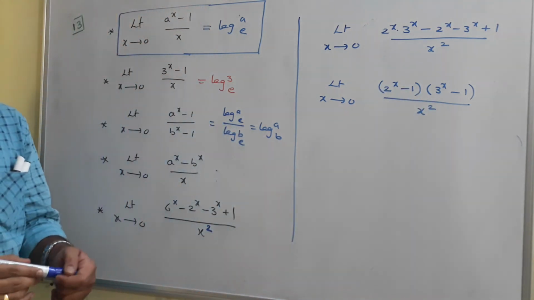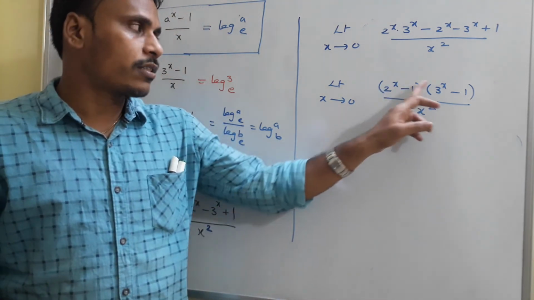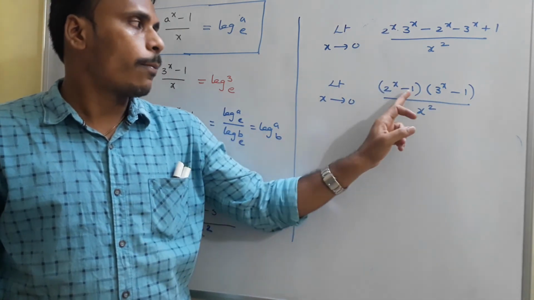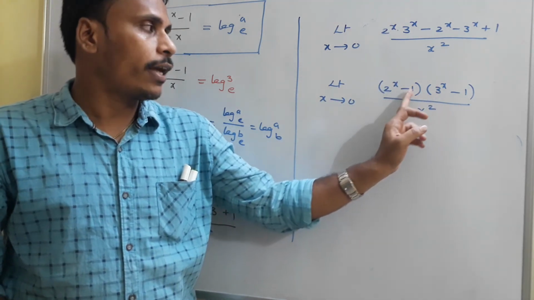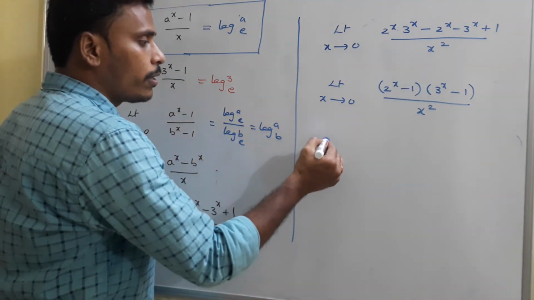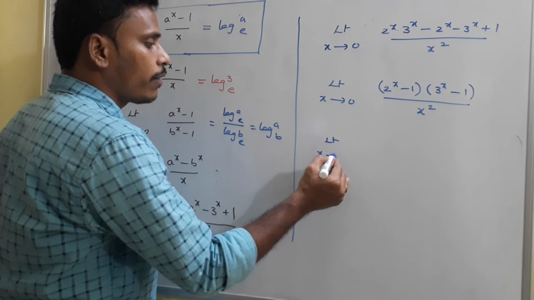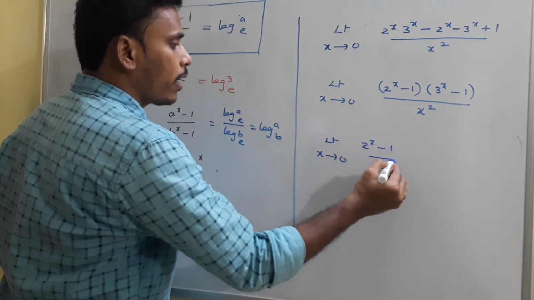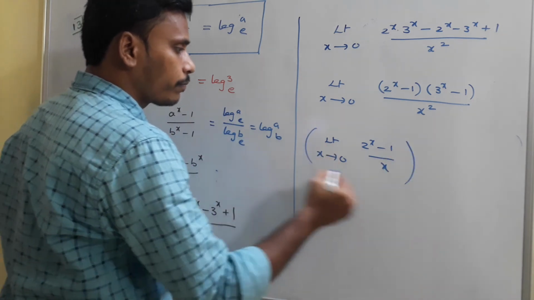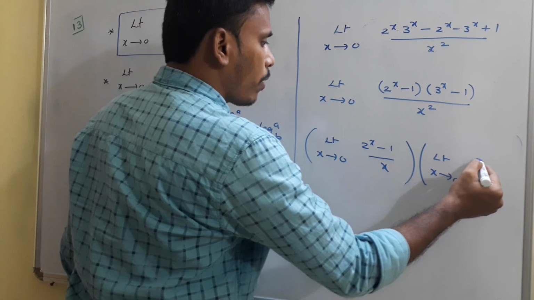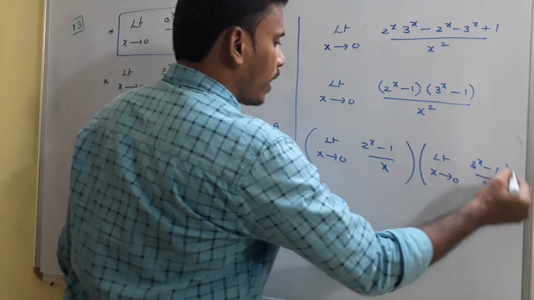If you wish, just check it by multiplying. 2 power x into 3 power x is the first term, 2 power x into minus 1, minus 3 power x, and minus of minus plus 1. Now, by the algebra of limits, we can distribute the limit over the product. Limit as x tends to 0 of (2 power x minus 1) by x is the first one, into limit as x tends to 0 of (3 power x minus 1) by x is the second one.